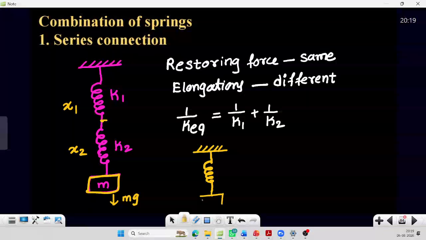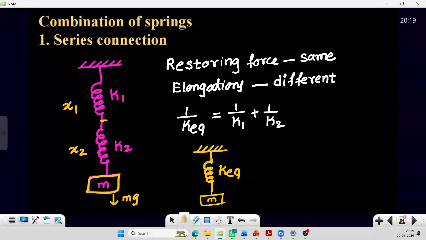This is the equivalent spring constant of the two springs attached to the mass. This is called the equivalent spring constant calculation.